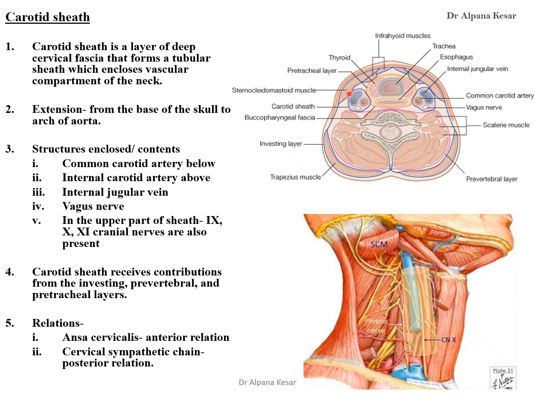Carotid sheath receives contribution from the investing layer of deep cervical fascia, from the prevertebral fascia, and also from the pretracheal fascia. Relations: ansa cervicalis is present in its anterior wall. In its posterior wall is present the cervical sympathetic chain.